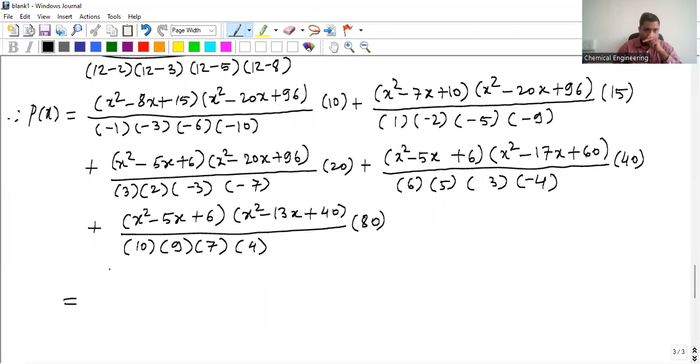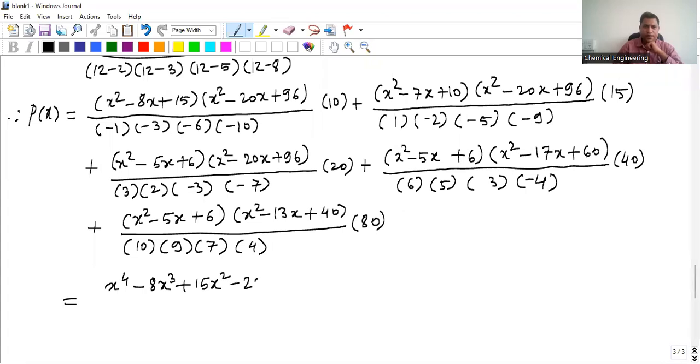Okay, so here multiply these two polynomials. So we can say x raised to 4 minus 8x cube plus 15x square. Okay, so I'm multiplying by this x square. So we got x raised to 4 minus 8x cube plus 15x square.